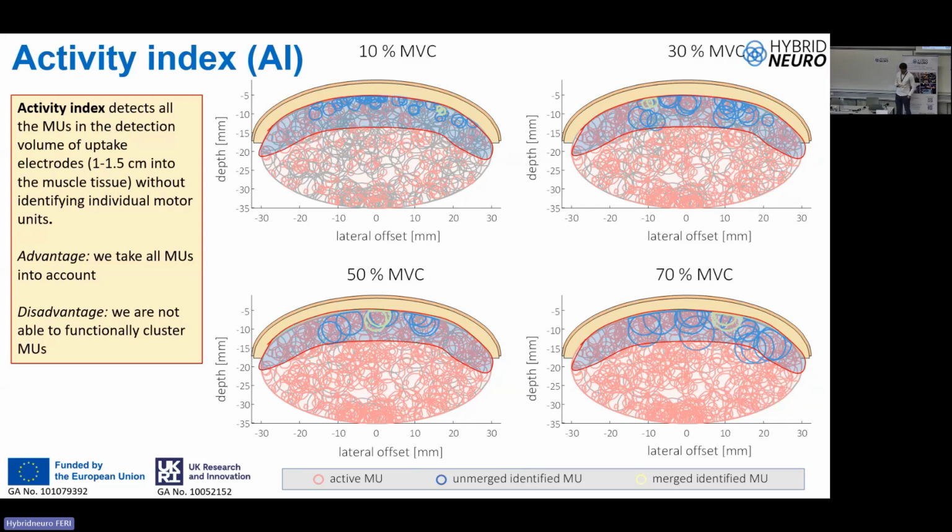On these four images, there's depicted what the activity index would take into account, approximately. The advantage of this is that we take into account all the motor units that we have detected with the electrode. But the disadvantage here is that we do not identify individual motor units, and we are not able to functionally cluster them.